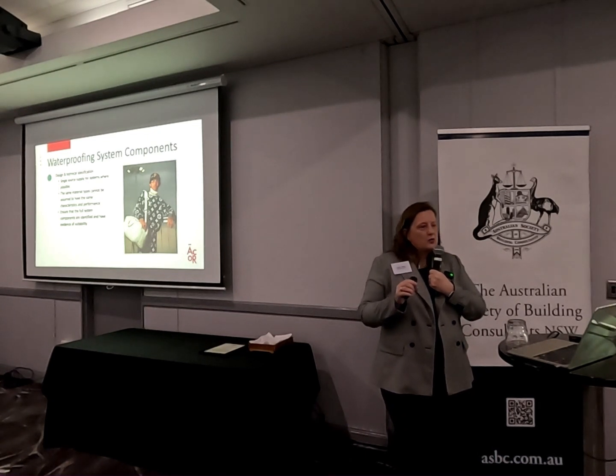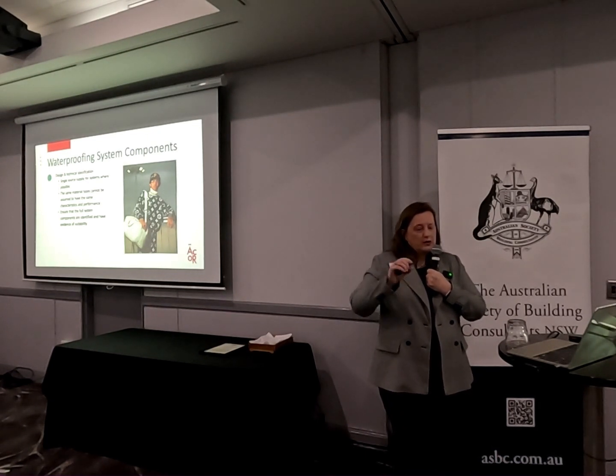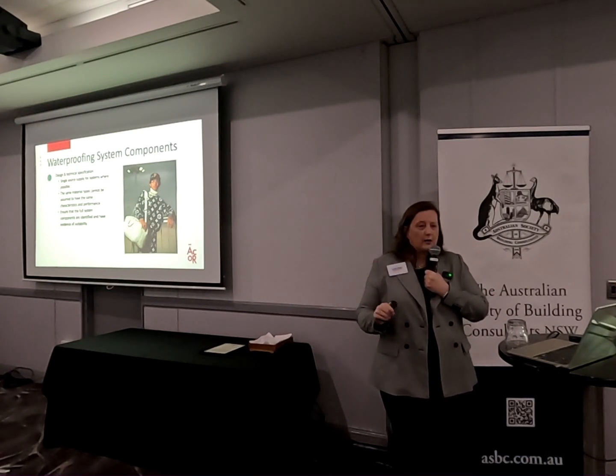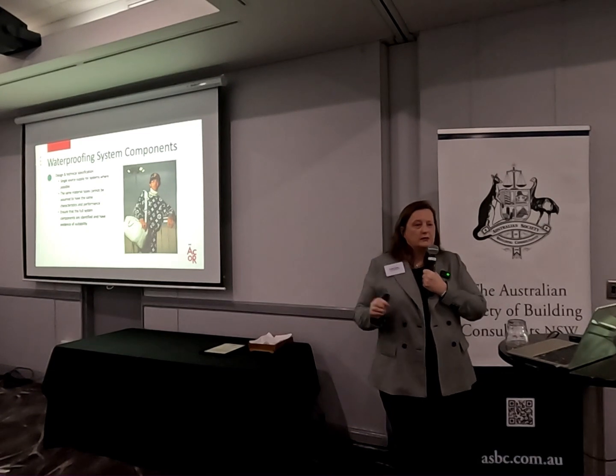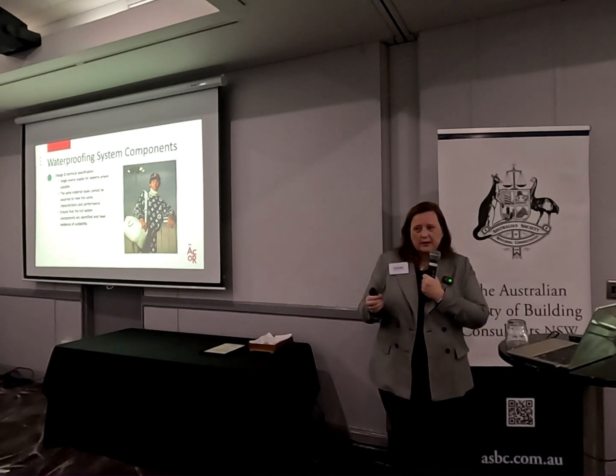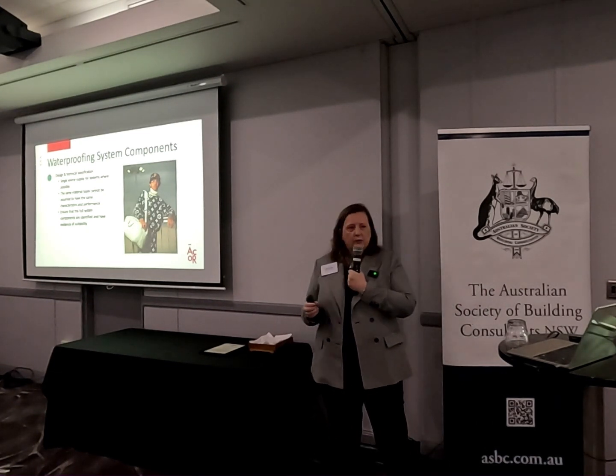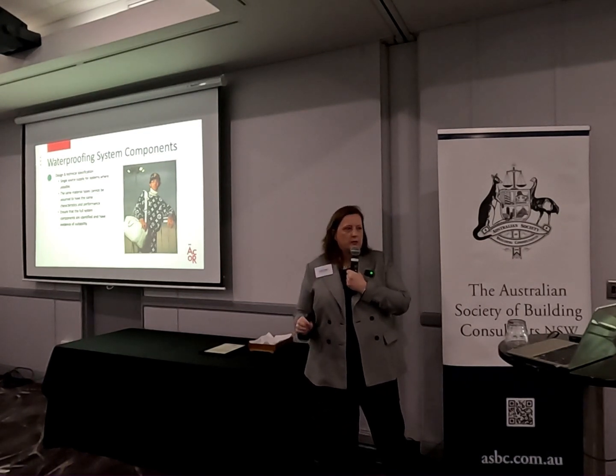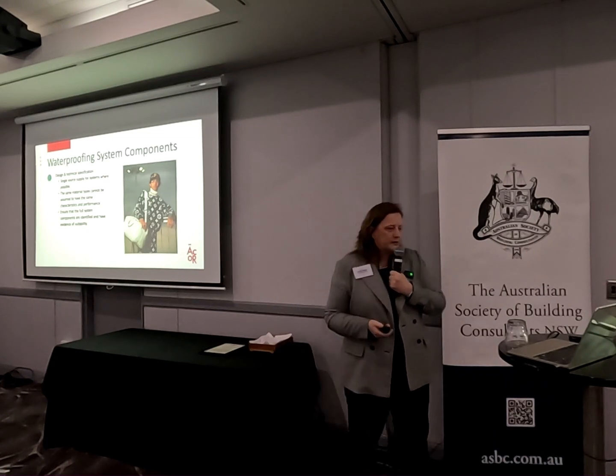I kind of think in CodeMark, really, you should be not just writing the membrane, but having all of the other compatible components also listed on that report, but it isn't at this stage. It should be a fairly simple thing to say, well, these are all the compatible primers. These are all the compatible bond breakers. Why don't we think about doing something like that?